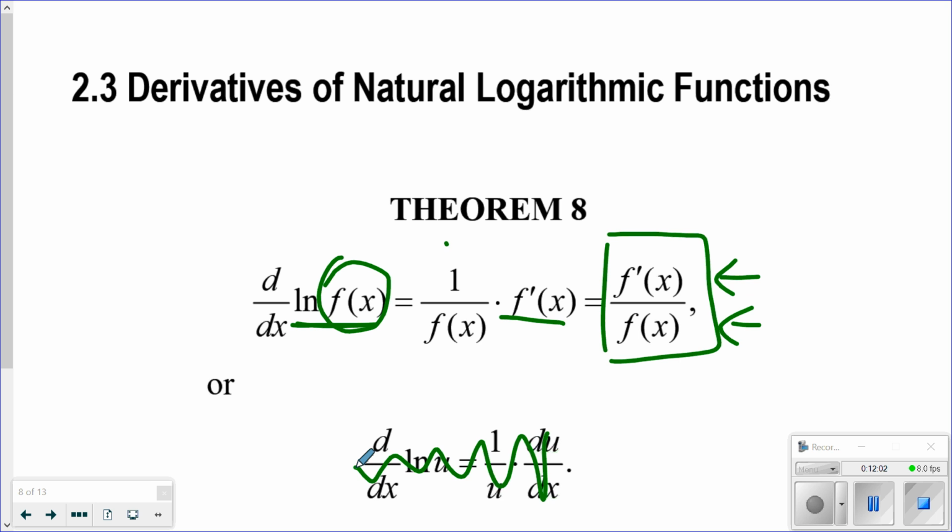Okay, so let's look at a couple examples. Remember, 1 over the function times the derivative of the function. You'll notice that in these two parts, there's no longer an ln. There should not be a natural log in our answer unless we have done a product rule or something like that that would keep it in there.